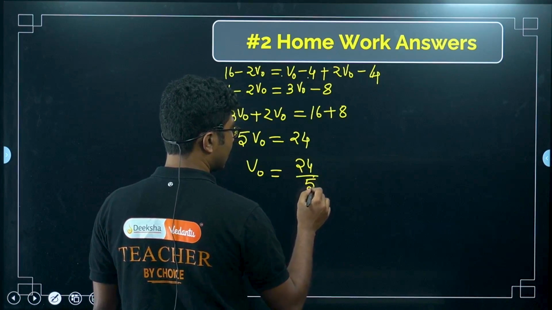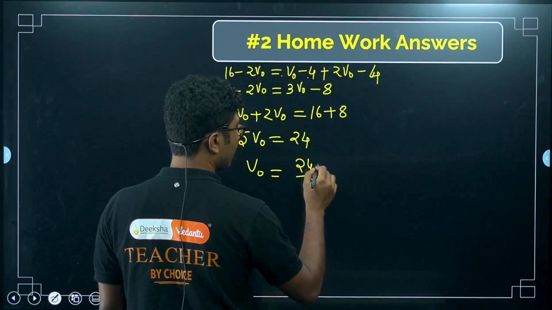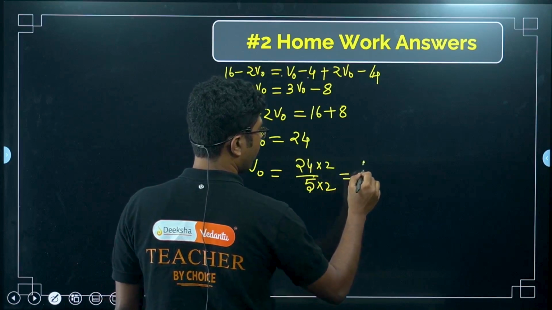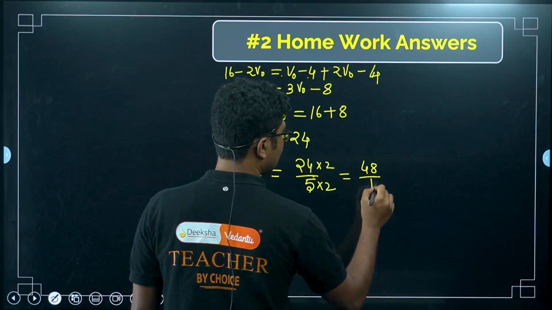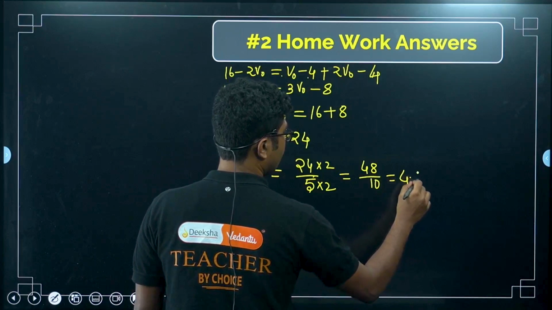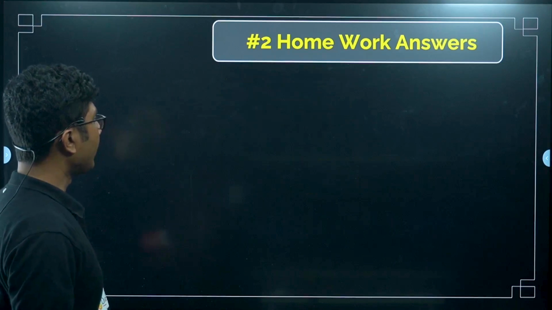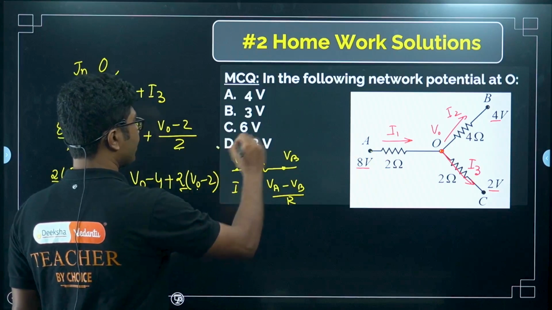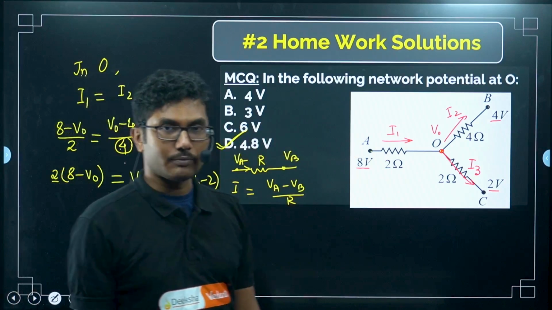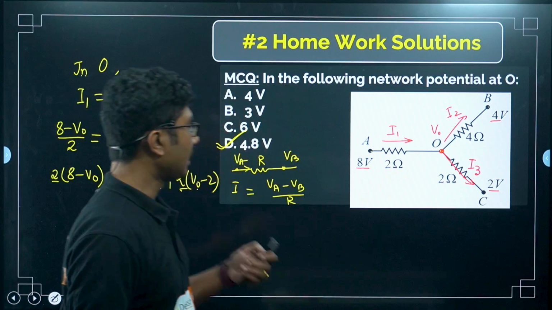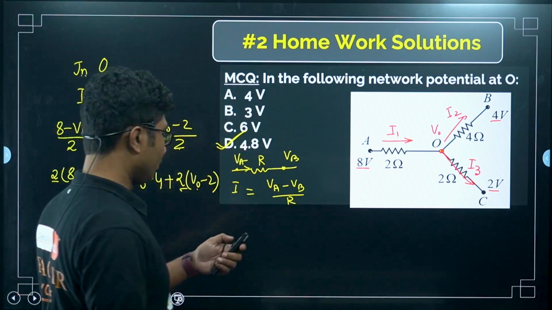You can multiply 2 here, multiply 2 here, 48 by 10, so 4.8. And the answer is 4.8. If you check, option D is correct. Those who have answered option D, I have said correct, but none of you have done it so far.